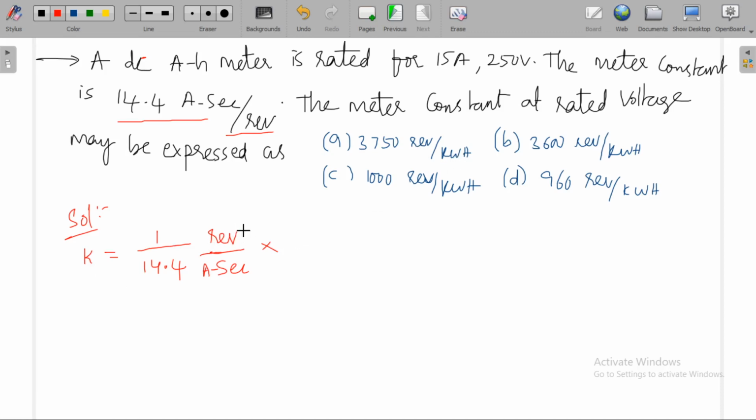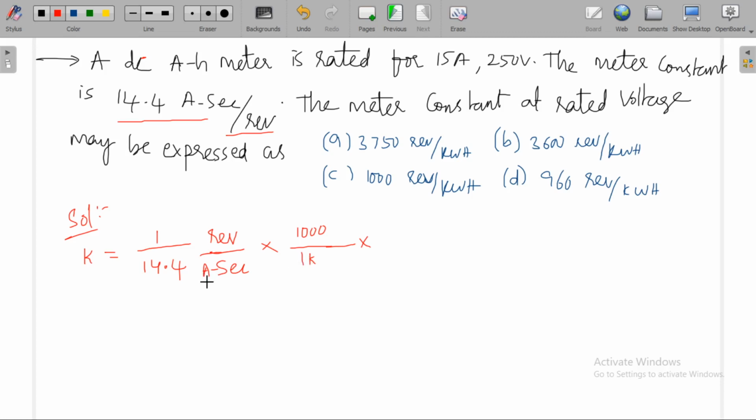So let it get multiplied by 1000, then you are going to get 1 kilo revolutions by kilowatt hour.